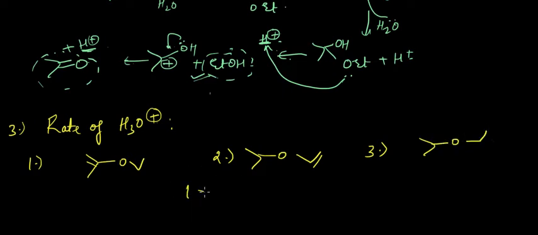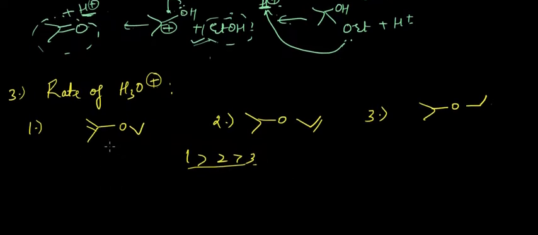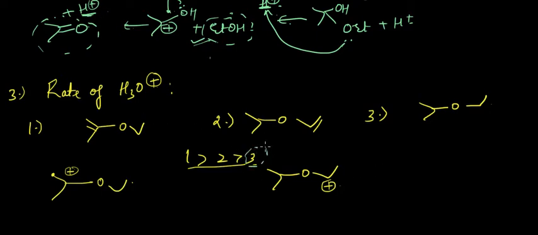Obviously the rate would be 1 is more than 2, which is more than 3. Why? Because in the first, you'll get positive charge over here as the hydrogen from the acidic medium is attached here. In the second compound we would have a carbocation formation like this, and in the third no addition reaction will even take place. So third would be the last option, and that is natural.